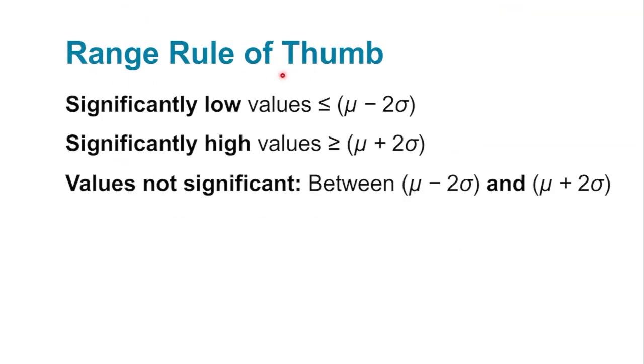The range rule of thumb for significant values: any value in between mu minus 2 sigma and mu plus 2 sigma is not significant. Any values that are less than mu minus 2 sigma are significantly low. Any values that are greater than mu plus 2 sigma are significantly high.